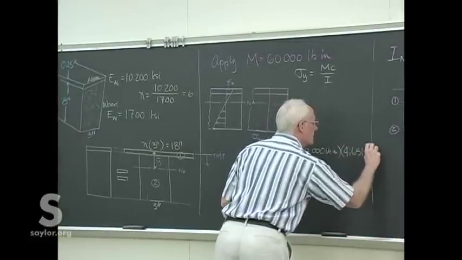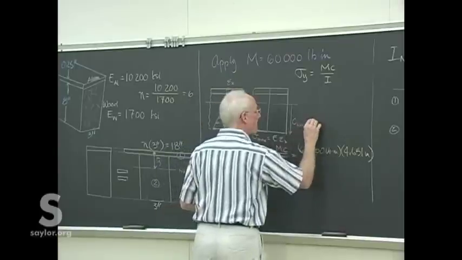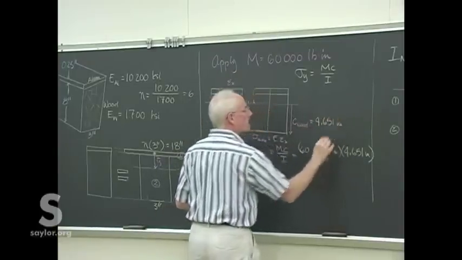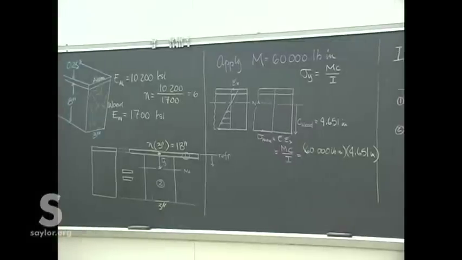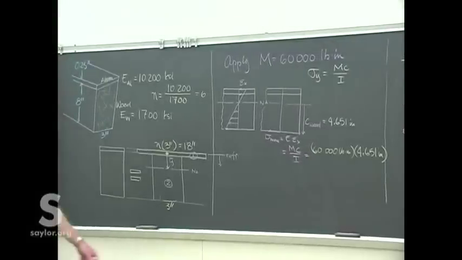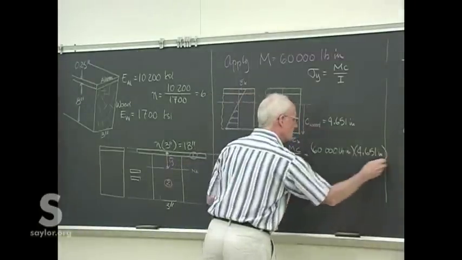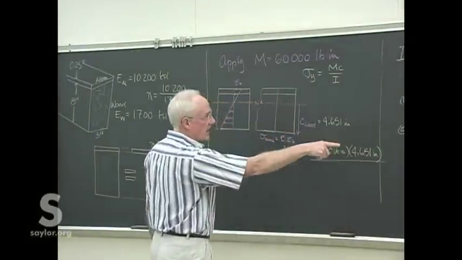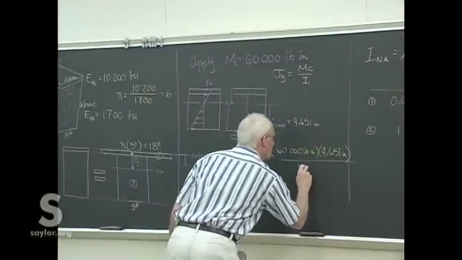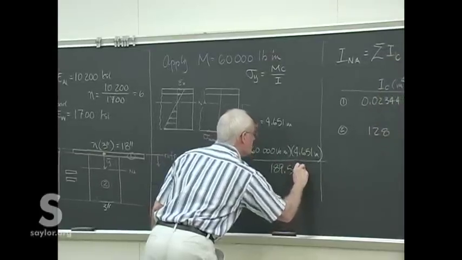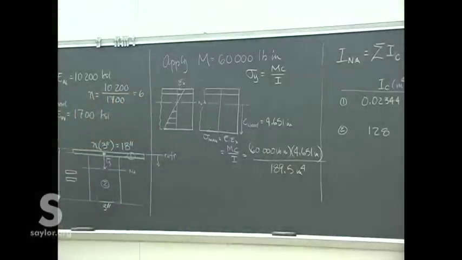And that's inches. That's how far the farthest away piece of wood is from the neutral axis, and divided by the 189.5 inches to the fourth, and we're left with good units, PSI.